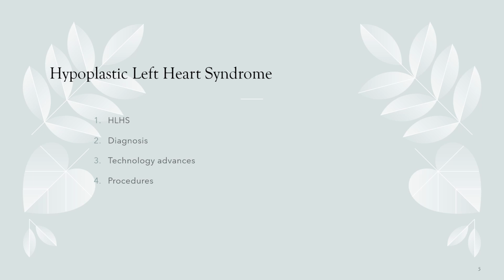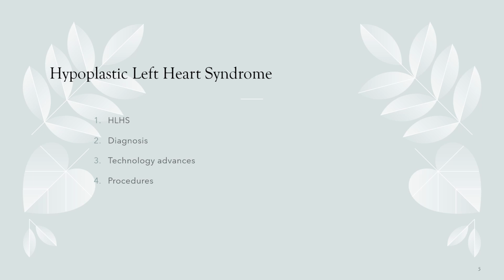And once a patient becomes stable, the surgical procedures can begin. There are three major procedures in this specific order: the first being the Norwood procedure, the second being the bidirectional Glenn shunt procedure, and the third being the Fontan procedure.